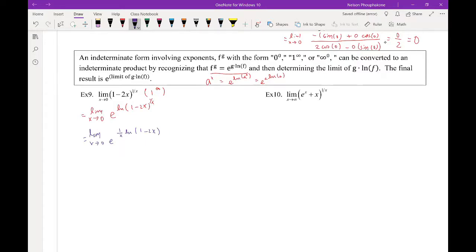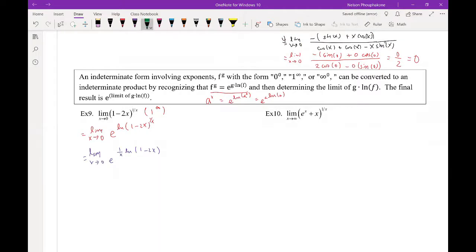And now you have to remember that if this is the case, then we could evaluate e raised to the power of the limit x approaching 0 of 1 over x natural log of, maybe let me rewrite into this form. Okay, so now this is what we want to evaluate.